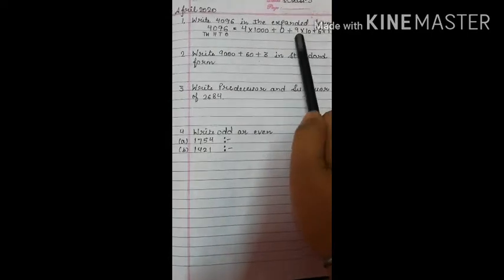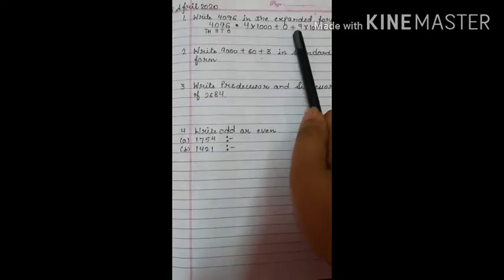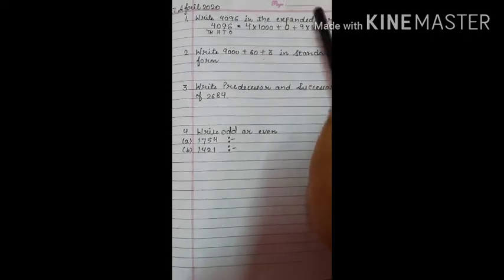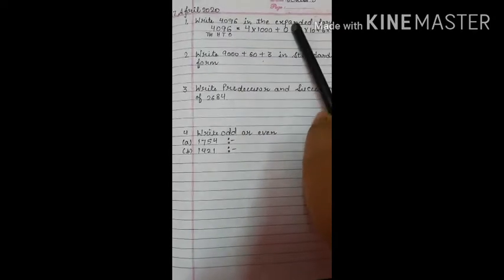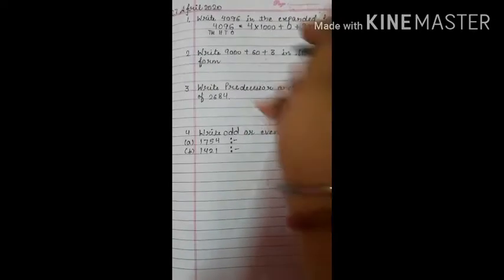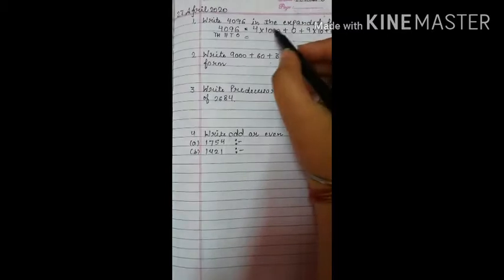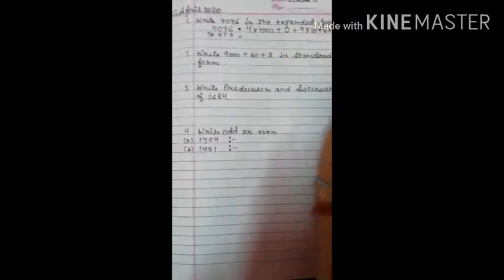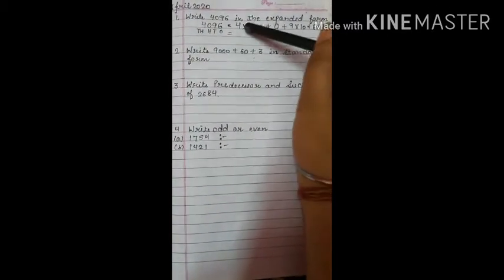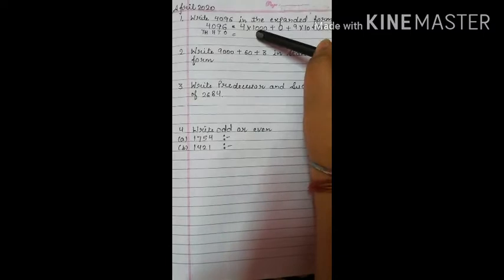Now you can see that I have written all these numbers. Now what I'll do, I'll just write this whole statement in the addition form, but after multiplication, means after multiplying the digit with the place.